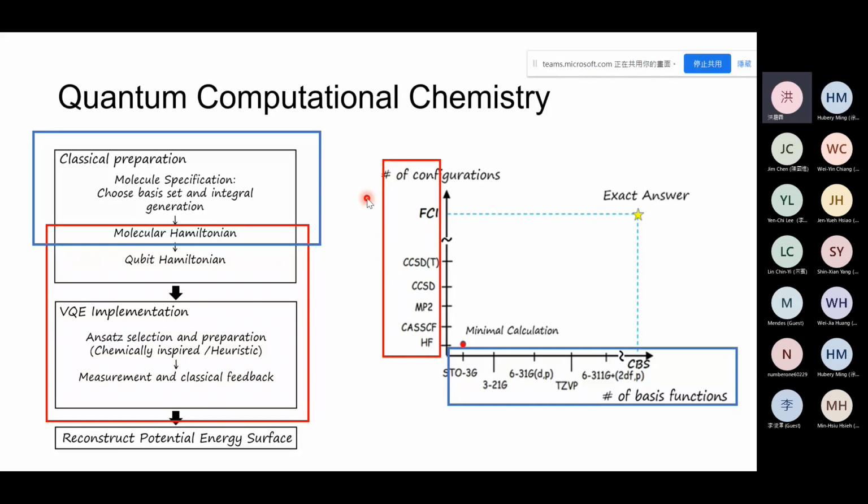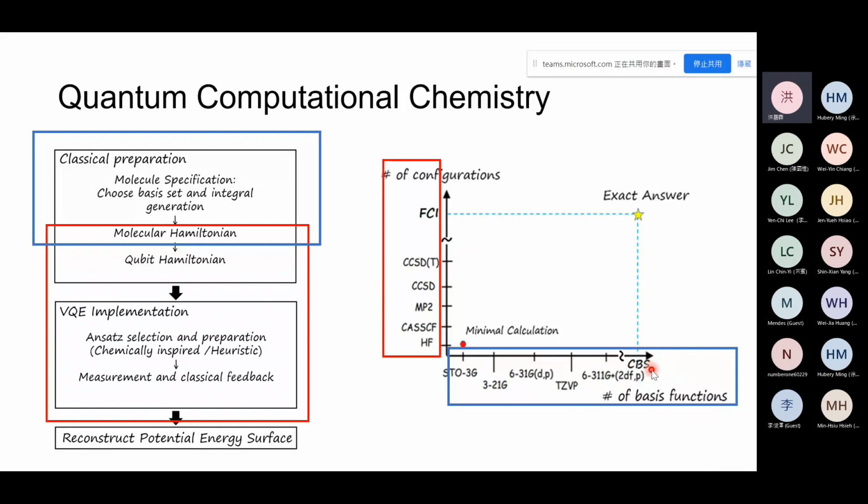Yeah, since we cannot determine a general basis for an unknown molecule, typically if you choose a larger basis function, it can always provide a more accurate result.